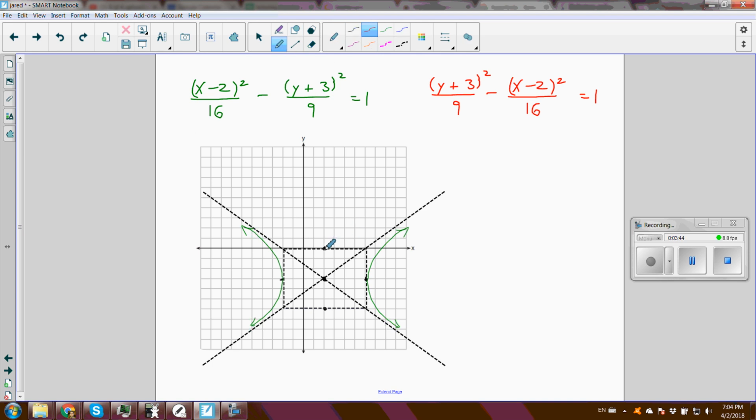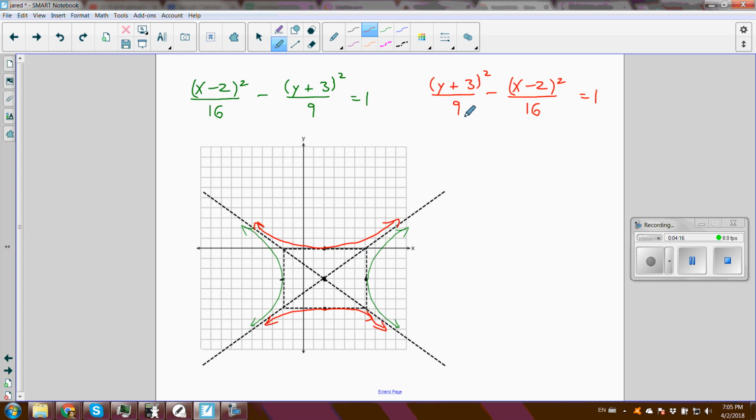So now the hyperbola is a vertical hyperbola, and the asymptotes would be the same. That's pretty awful, but you get the idea. The asymptotes are the same, but it's got a vertical axis instead of a horizontal axis. The variable that comes first determines whether the hyperbola is an up-and-down hyperbola or a left-and-right hyperbola.